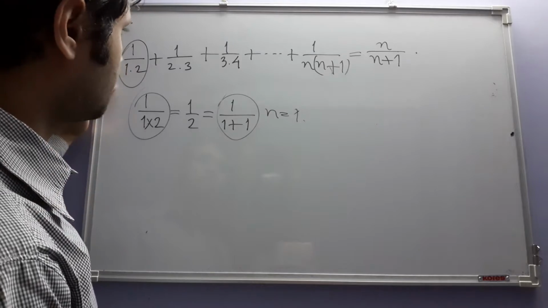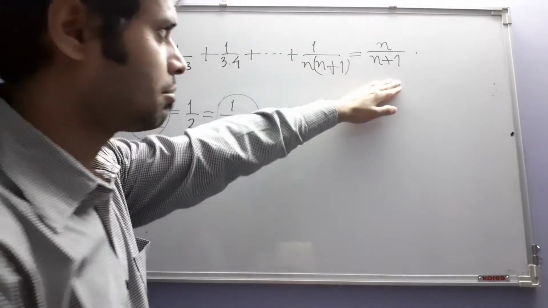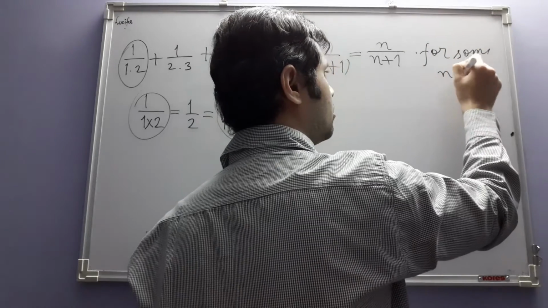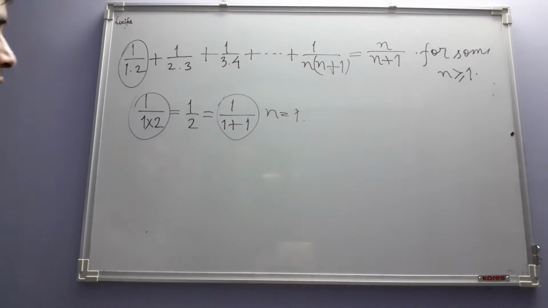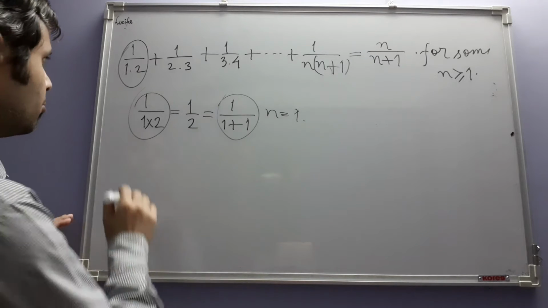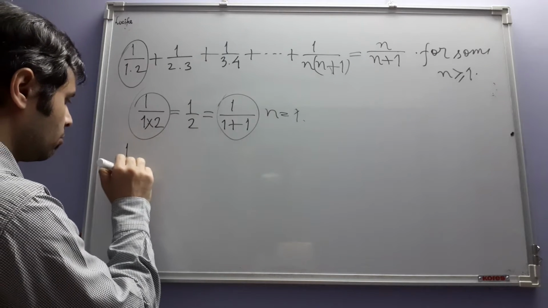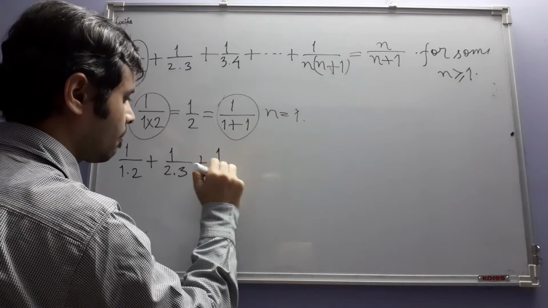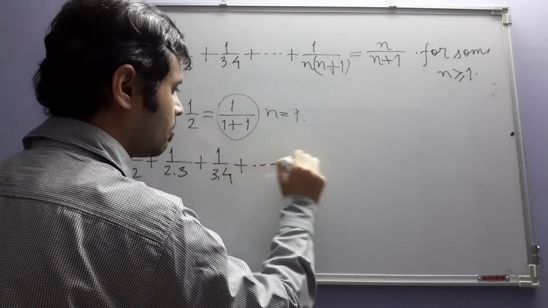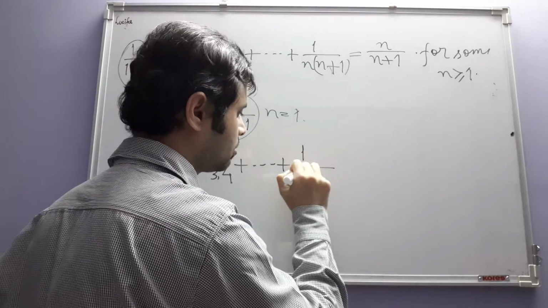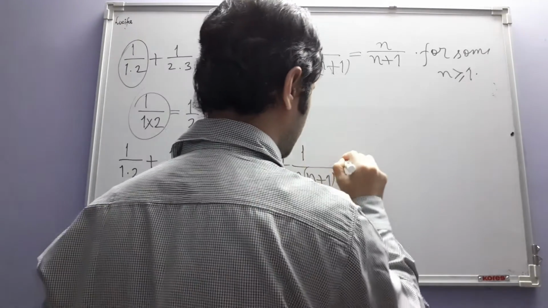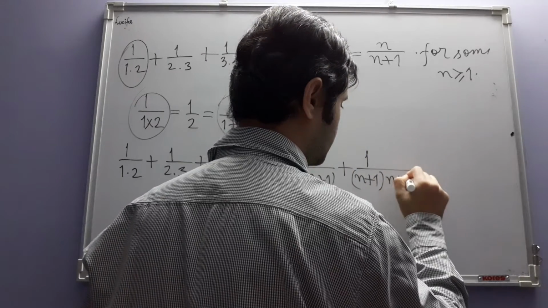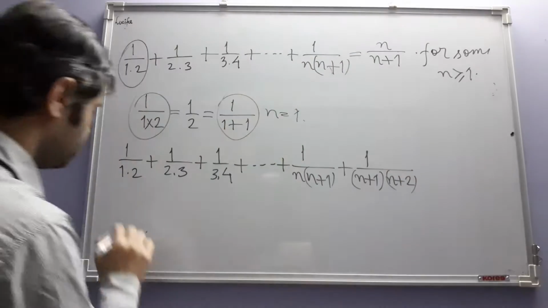Then as induction hypothesis we assume this for some n greater than or equal to 1. We then go one step more. Plus 1 by n times n plus 1 plus, in place of n we now have n plus 1, so this will become n plus 2.